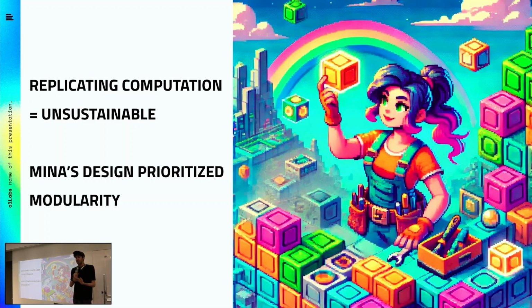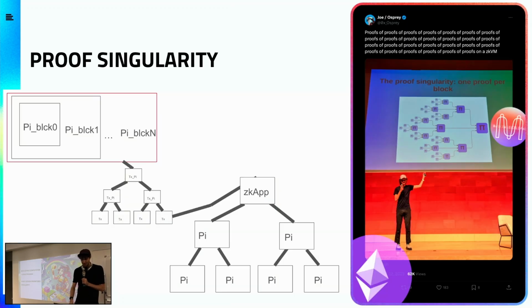What we want is to run something once, right? And there's a lot of ZK products out there now that help enable this in different ways. And of course, we wanted to add this to Mina, so we did. And here's Vitalik talking about this.